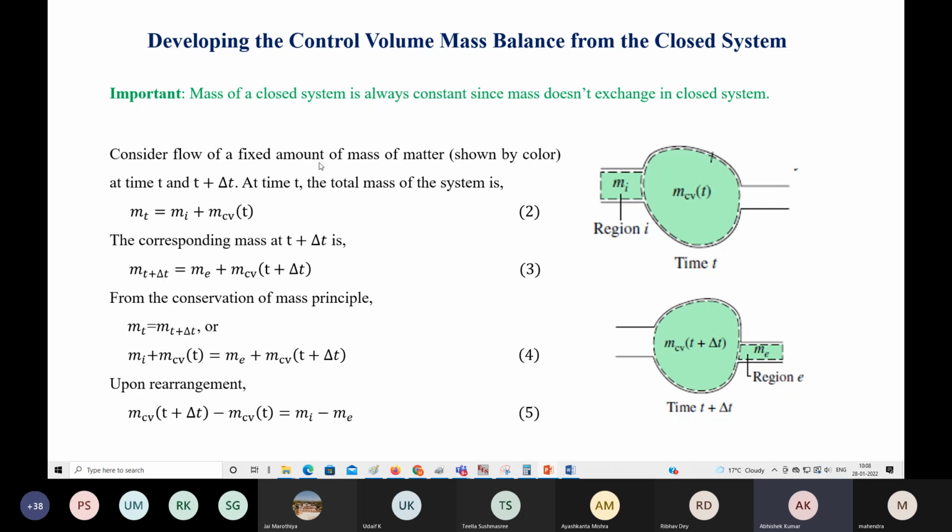Initially we mentioned it, open system, that is your control volume. If it is a closed system, you read this particular sentence: it is always constant, because mass is not exchanging from the system to the surroundings. Probably energy and work may be interacting. So this control volume is an open system.